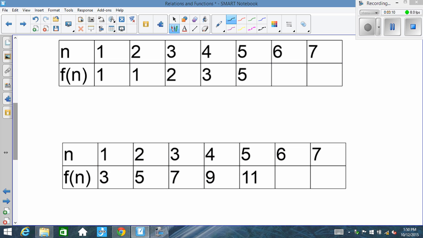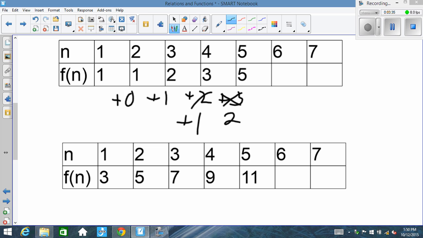So we're going to try to figure out how to write the function rule. This first one has a pattern. It's plus 0, plus 1, plus 2, plus 3. The next one would be plus, that's not right. It's plus 1, plus 1, plus 2.